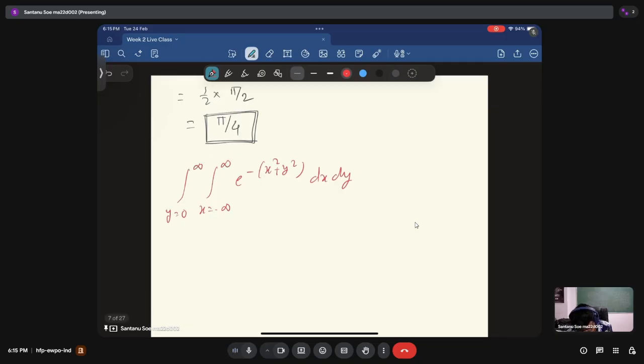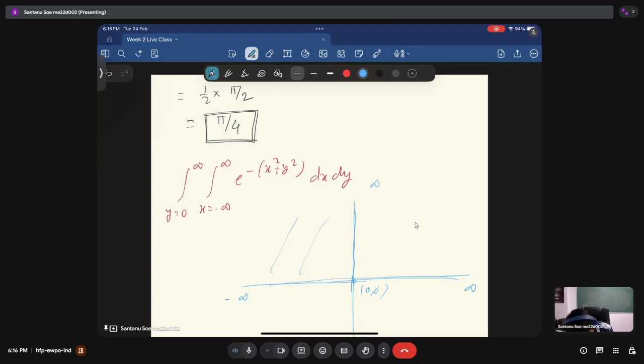Correct. Now similarly, you can do the same thing, just like drawing the region. Here x is varying from minus infinity to infinity, so this is somewhere minus infinity in the extended real valued system, and this is plus infinity. And y is varying from 0 to infinity, right? So this is our 0, 0. So y will vary from 0 to plus infinity, and x will vary from minus infinity to plus infinity.